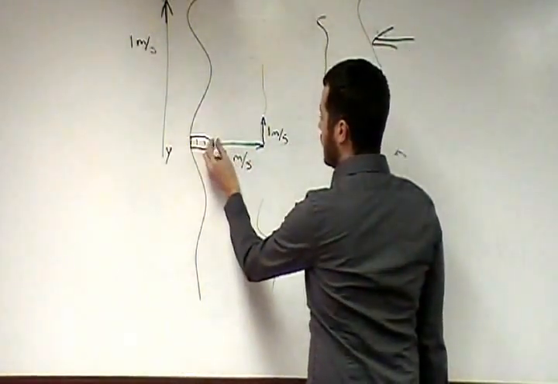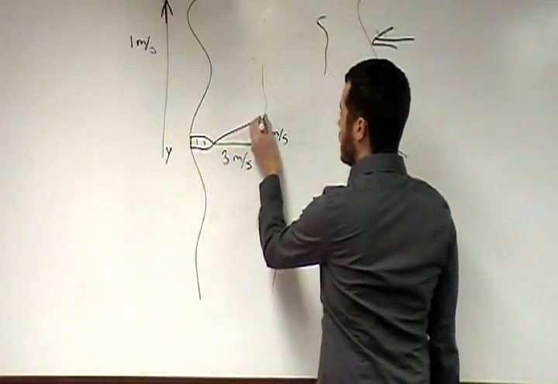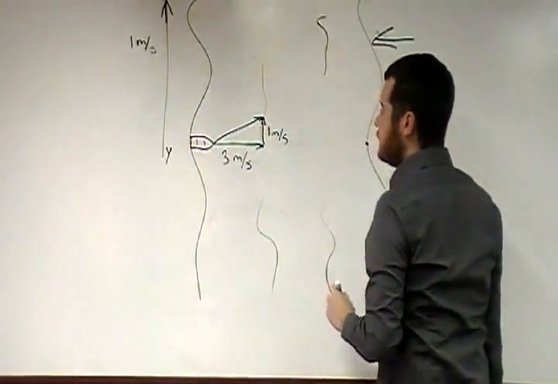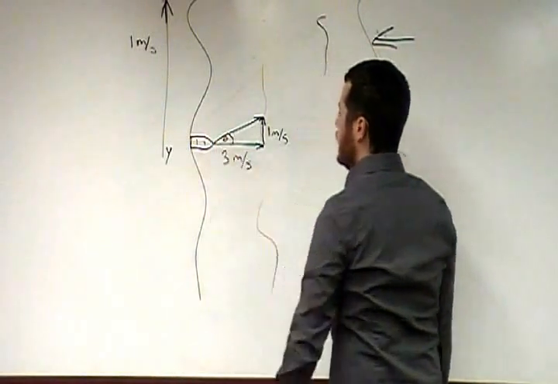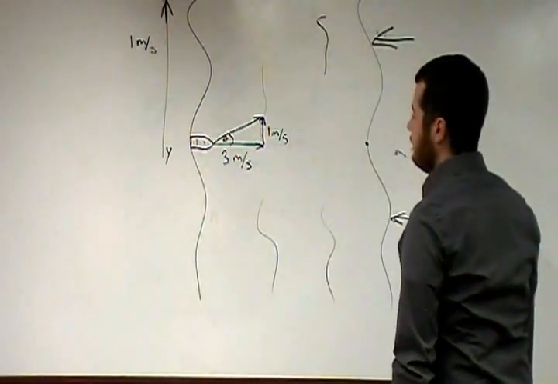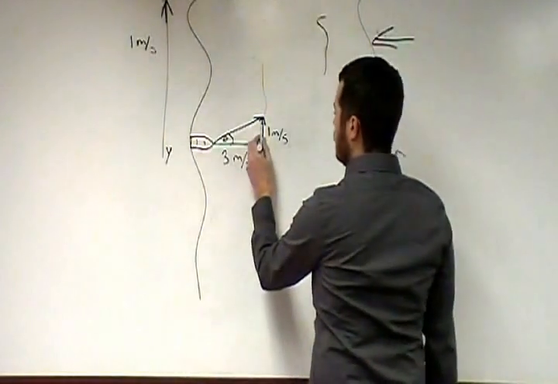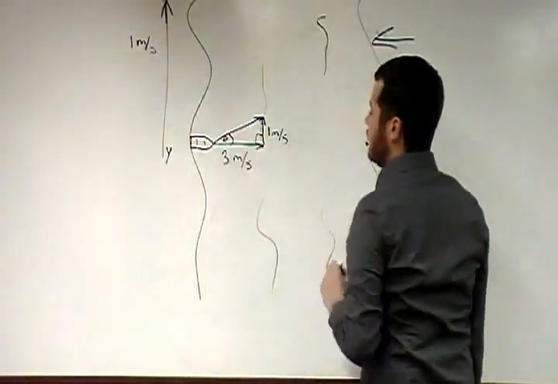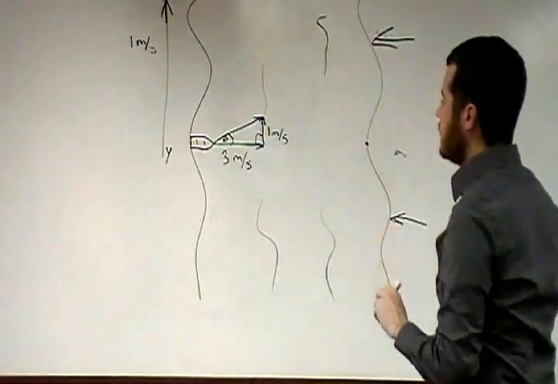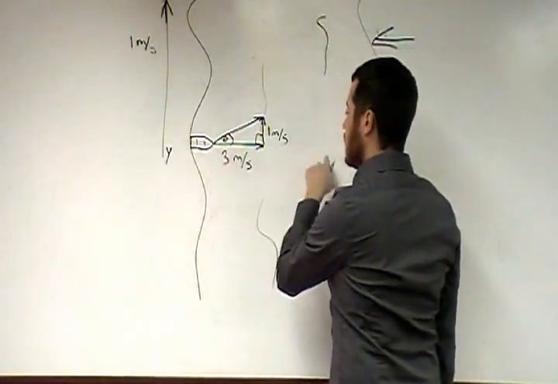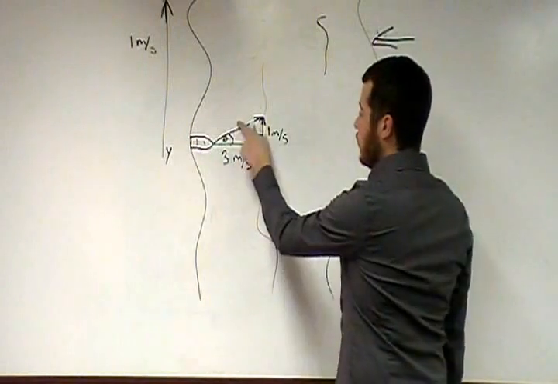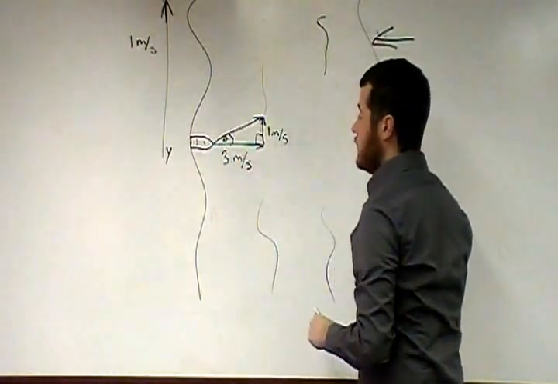Just as before, we're going to complete this triangle. That's going to give us our resultant vector. We're going to have an angle here that we don't know. Call it theta. We know that the river is running straight up, so it's perpendicular to this boat that is going to be moving straight across. And we're going to find out what that vector is.